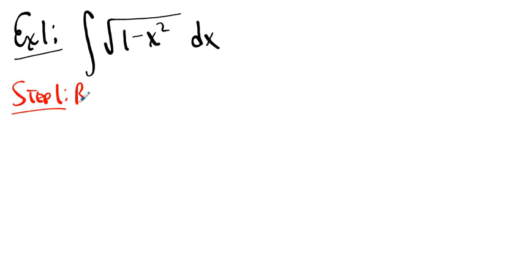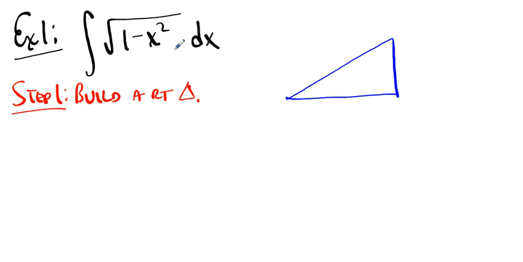Step 1 will be to build a right triangle. And the right triangle in question is pretty straightforward. We have this side of unknown length. Now, how did it get to be that way? It got to be that way because the differences of the squares there tell us what the other two sides are. The hypotenuse is the square root of that, and the other leg is the square root of that.